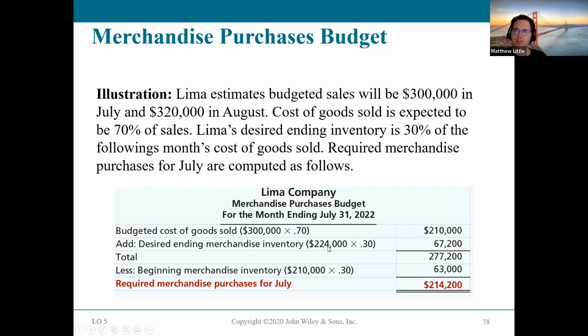They should have spelled this out. 320 times 70% times 30% to be held is 67.2. So our total merchandise purchase should be 277, less any that we started with. So therefore we'll buy 214. And what we started with is 30% at the opening, assuming that we had the same principle before.